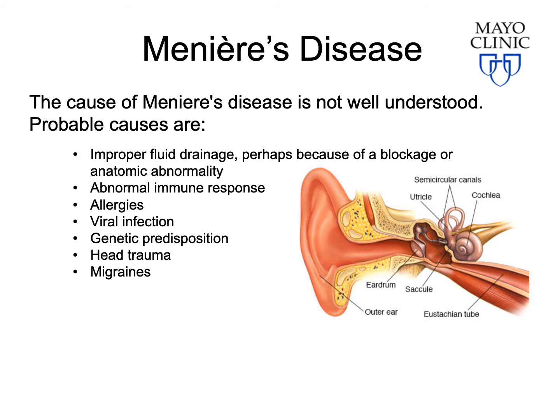I have read some literature in that area, and it seems like if you do have Meniere's disease, there could be a history within your family. It could be following a head trauma. And often individuals who suffer from frequent migraines also suffer from Meniere's disease.